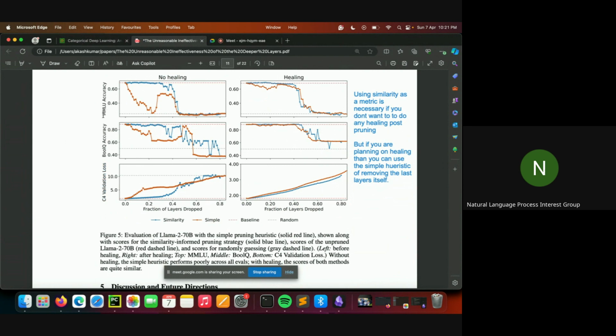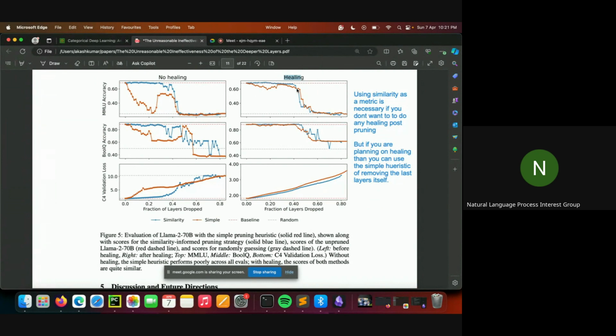The performance here is on different benchmarks. We have already seen MMLU accuracy and the C4 validation loss. We can see here the BoolQ dataset accuracy also. And the interesting thing is that if we just randomly remove the last layers, let's say 5 or 10 layers, but we do it with healing, we see that the performance still continues well.